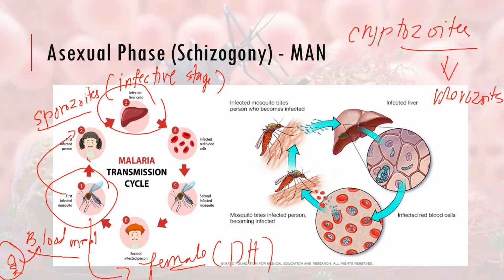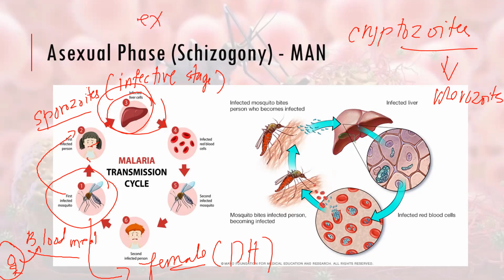So from cryptozoites to merozoites, the development took place in the liver of an individual. Now, the conversion or development of cryptozoites in the liver cells to merozoites will complete what we call the exoerythrocytic stage.